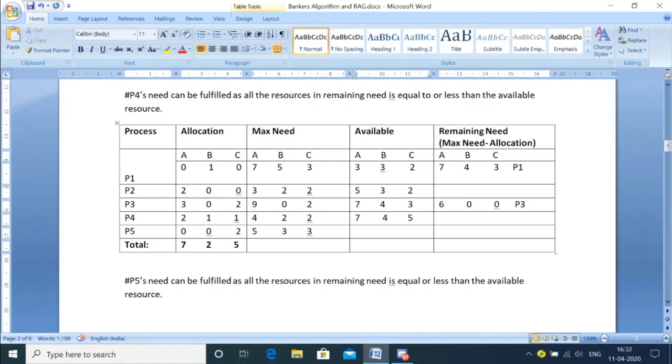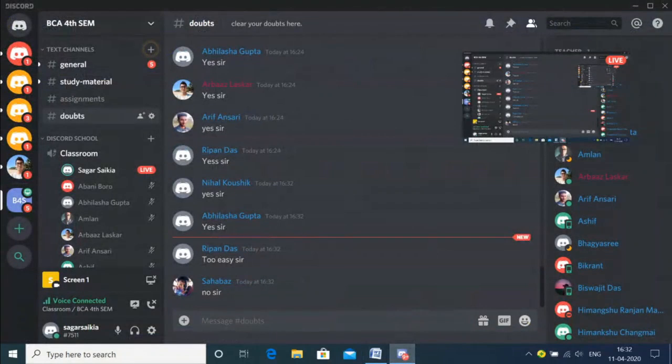I need 3 instances of C, and how many instances of C are available? 5 instances of C. That means I have 5 toffees in stock and I need 3 toffees. So can I allocate P1 to the CPU? Will it be possible? Yes.